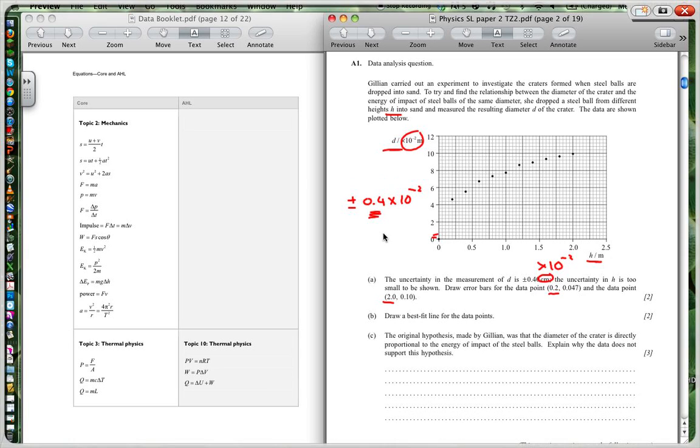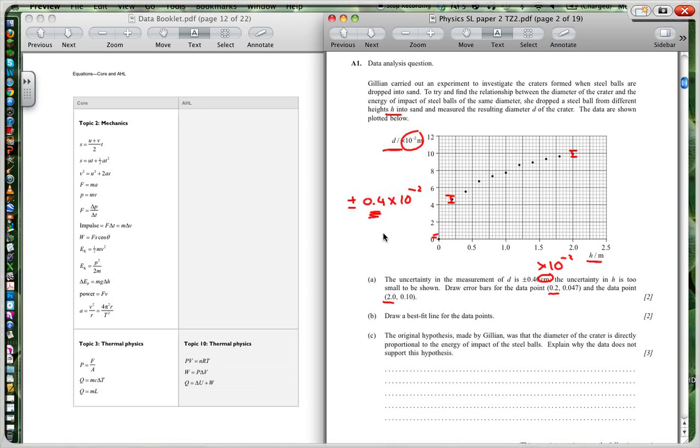Now it's not so easy for me to do it, you'll be able to do it much better, but you need to be 1 block on either side there. And then we also want to do it for 2, which is this one over here. So again, 1 block on either side. We would measure that.